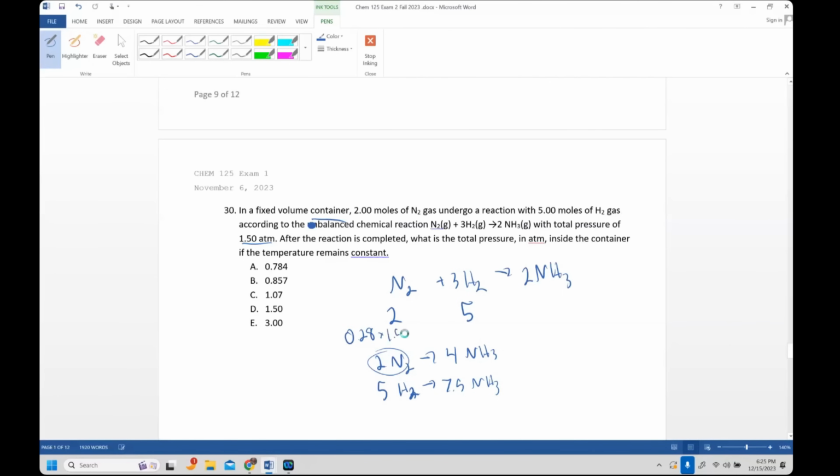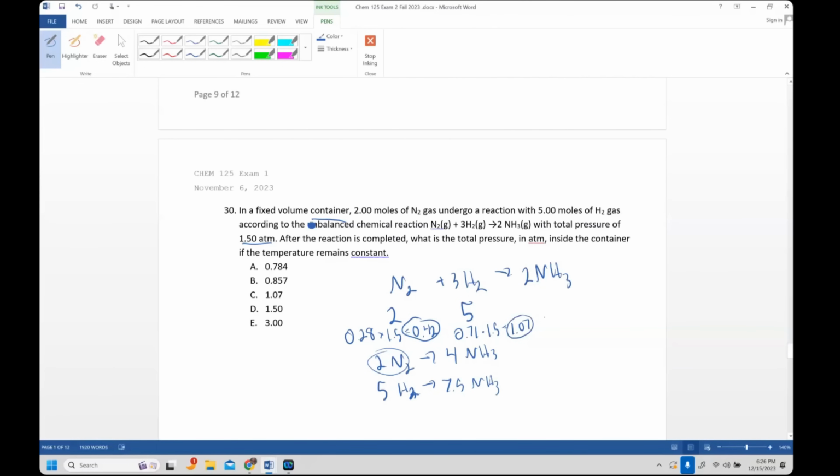Multiply that by 1.5, and that gives you the partial pressure to start out with of N2, which is 0.42 atm. Same thing for H2. 5 divided by 7 is 0.71 times 1.5, which equals 1.07 atm.